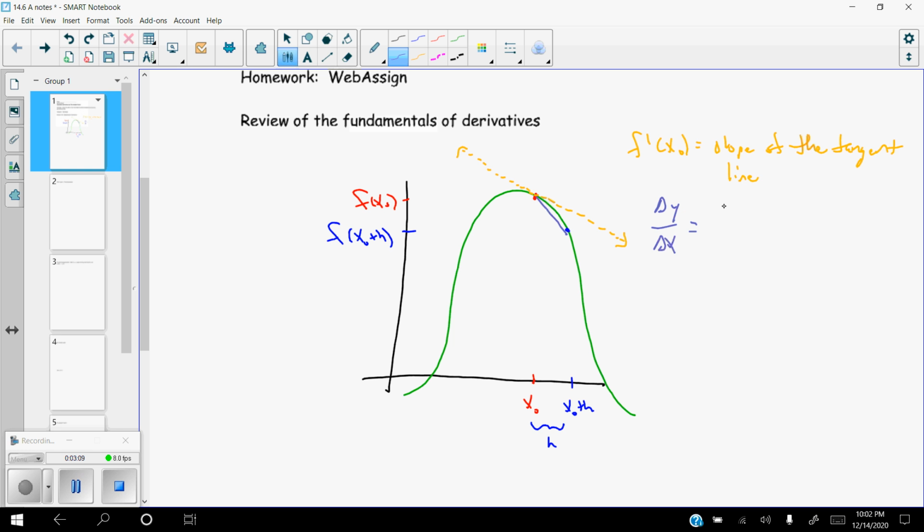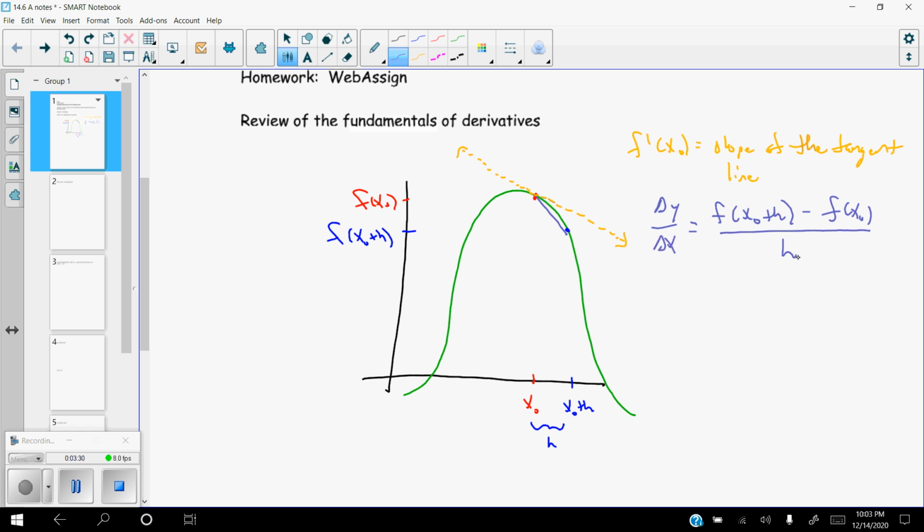So y2, in this case, would be f of x sub 0 plus h minus y1, which is f of x sub 0, over x sub 0 plus h minus x sub 0, which just gives you h.